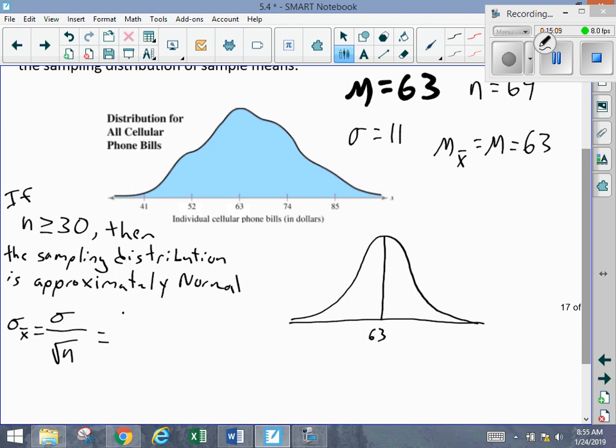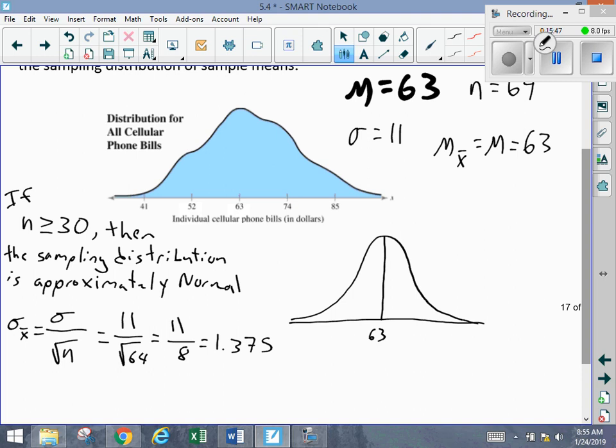In this case that is 11 divided by the square root of 64, which is 11 divided by 8. I'm going to get a decimal value for that, an approximate value. It's equal to 1.375. Now to complete the picture I'll also put in the standard deviation.